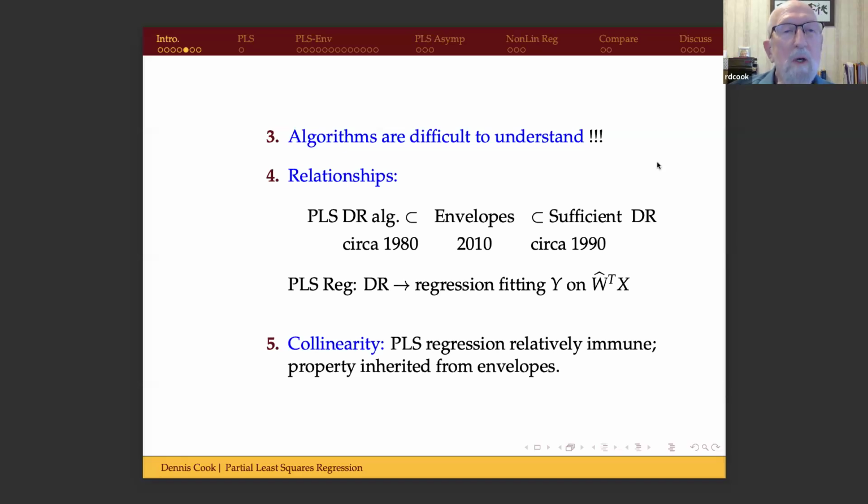One of the things that I came to understand later is the code was adapted from stuff that Wold had done in the 60s and 70s. Computing in the 60s and 70s was a lot different than it is today. There weren't nice routines available, for example, for computing spectral decompositions.